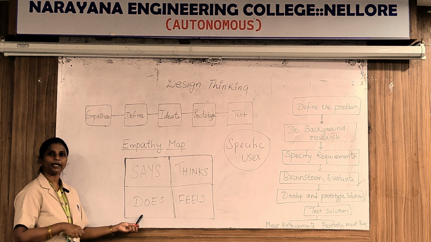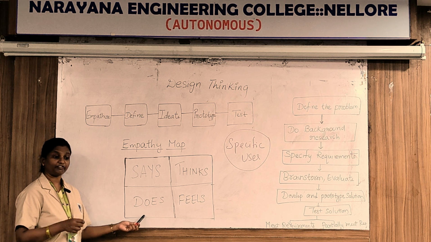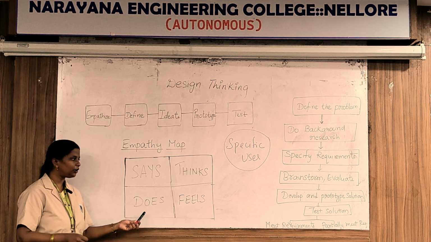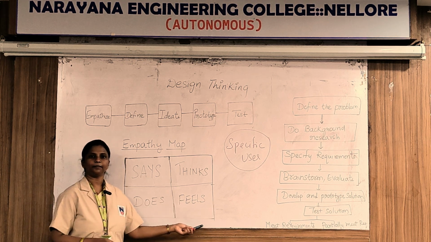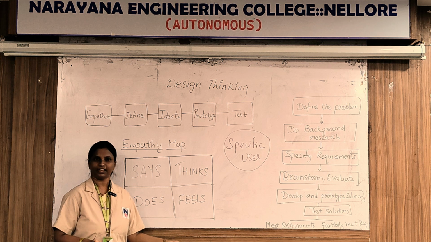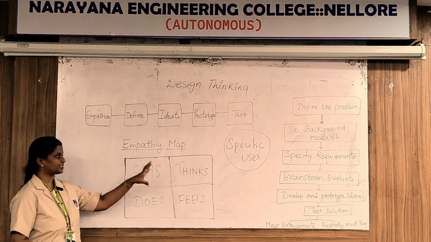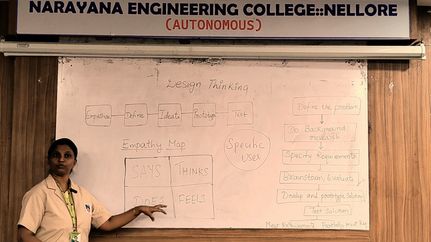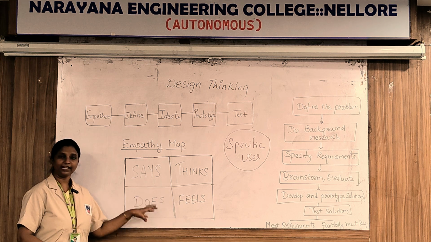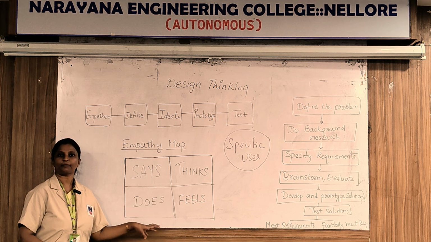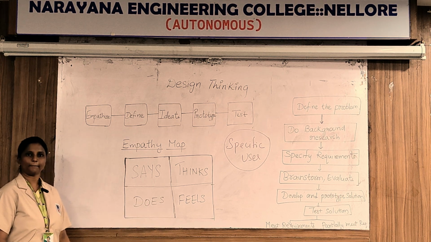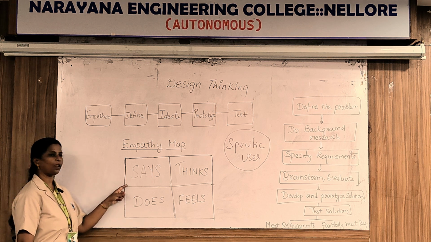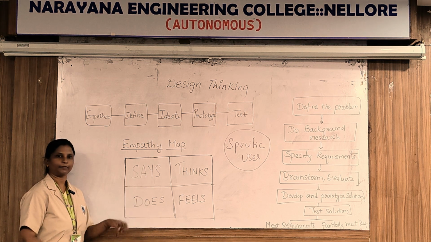Finally, I will be doing whatever I feel right at that moment. But internally, I will have some other feeling. This process of understanding human emotions, the user's emotions, their feelings, their requirements of a problem, is analyzed in the empathy map.